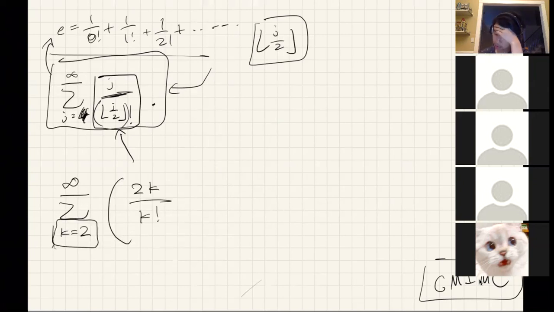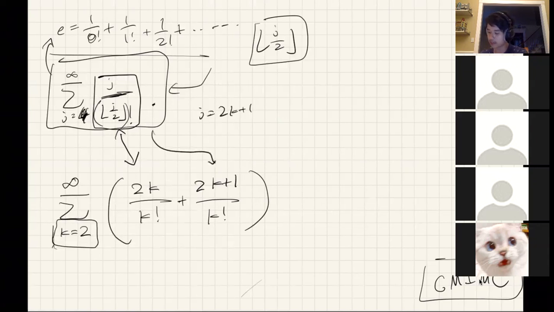So when j equals 2k, this summand is going to evaluate to this term. And the other is 2k plus 1 over k factorial. So if j equals 2k plus 1, then this summand is going to evaluate to this term over here.